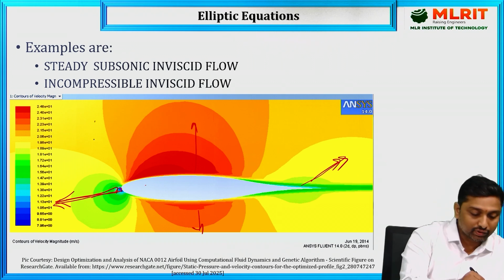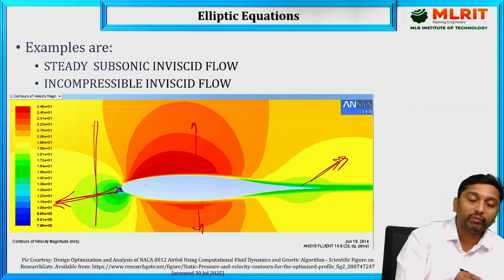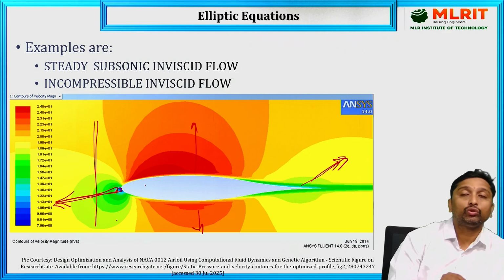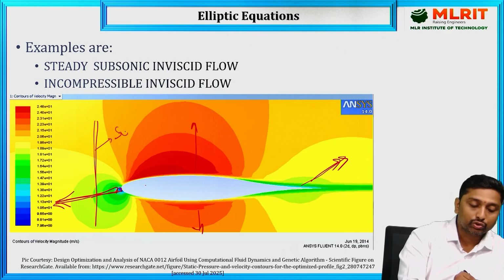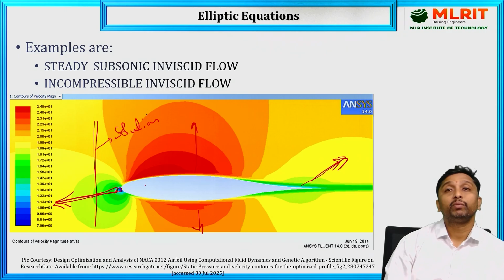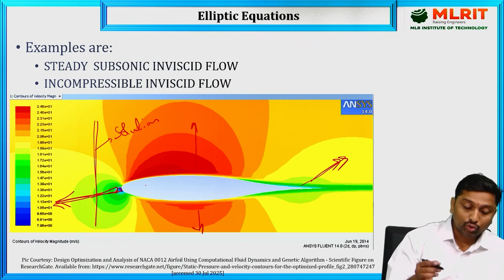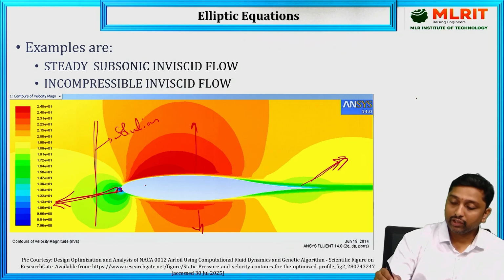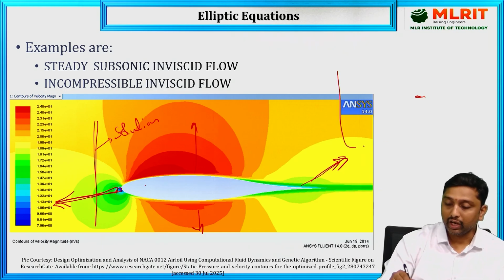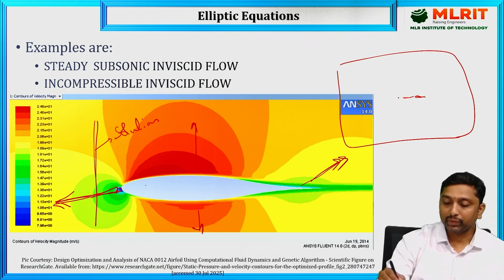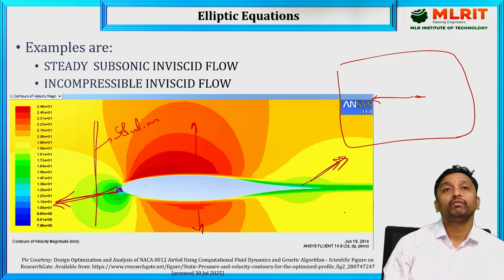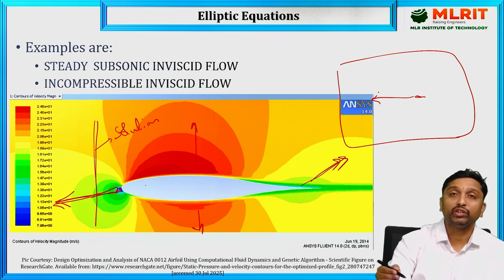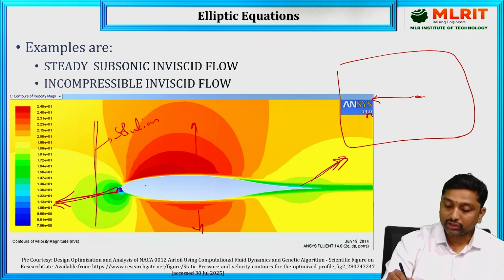So if I have a domain like this, then that domain will be under the influence of the body, so I may not get the solution. To avoid that, I'll create a small airfoil with a very large domain, where the presence of the disturbance is very much negligible.